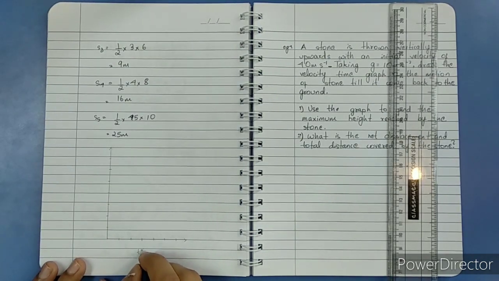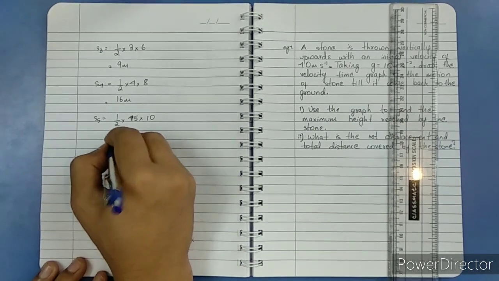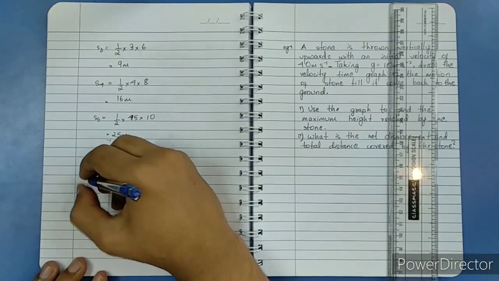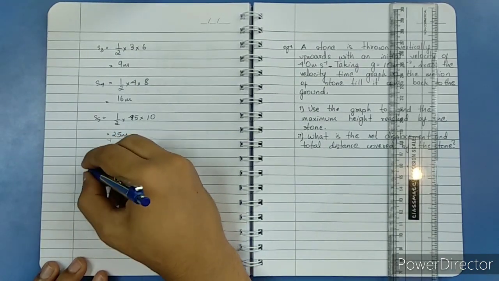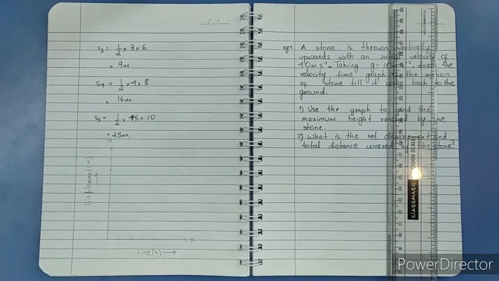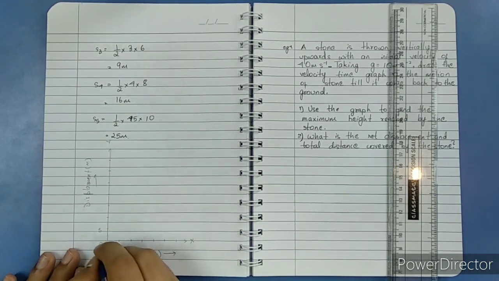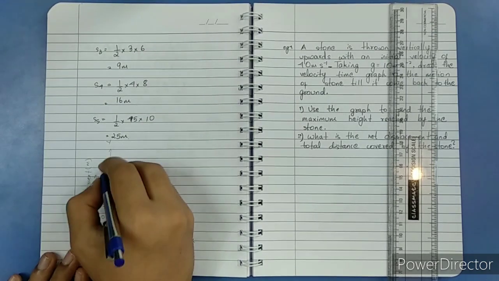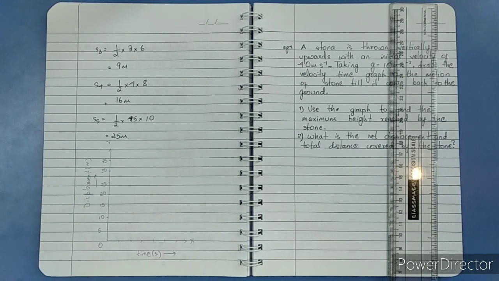Okay, we'll take this time in seconds. This is x-axis, this is y-axis. We are drawing the displacement time graph. So we'll take displacement in the y-axis, in meters. Since maximum we have 25 and we have 1, 2, 3, 4, 5, 6, 7, we'll take 5 meters each: 5, 10, 15, 20, 25, 30, 35. This will be quite convenient for us to draw.